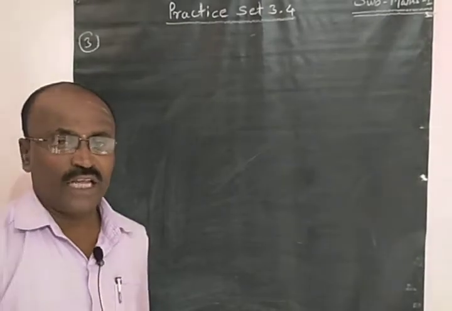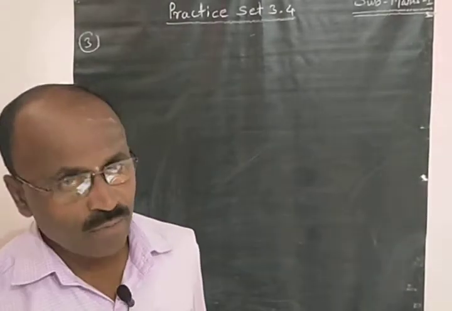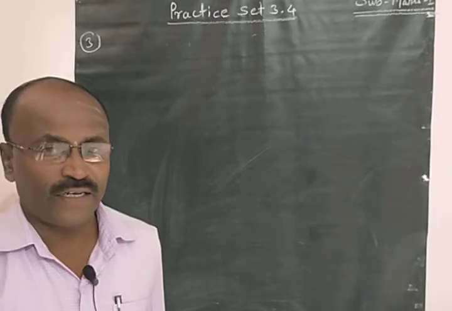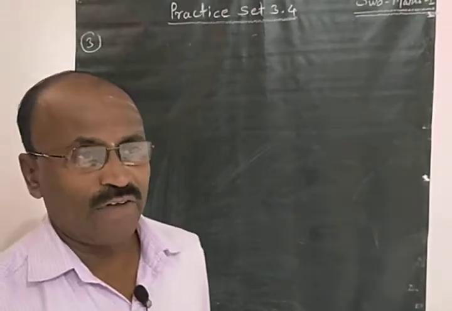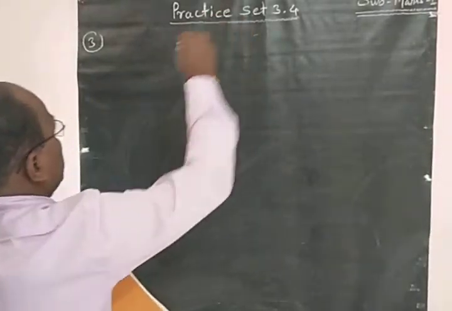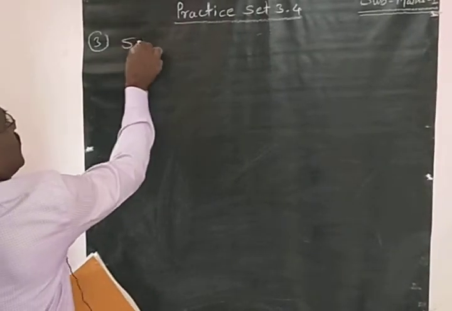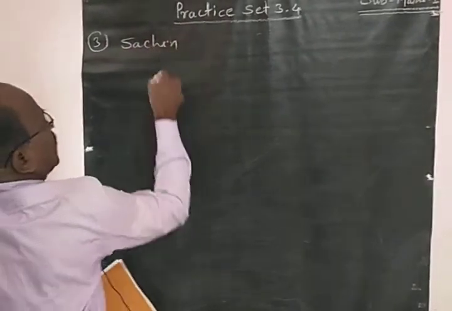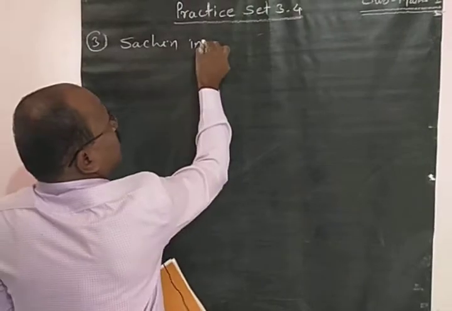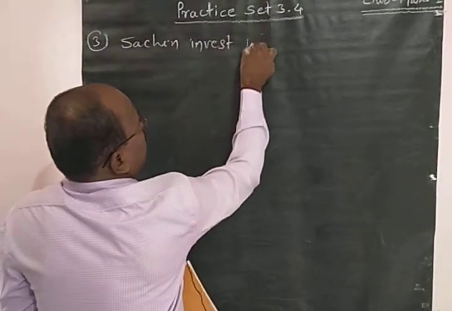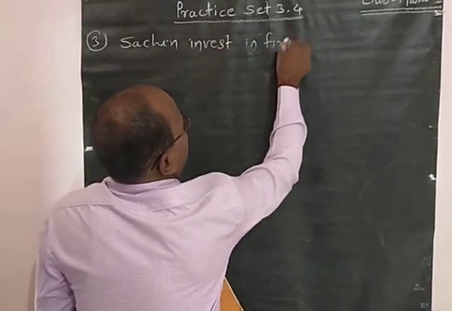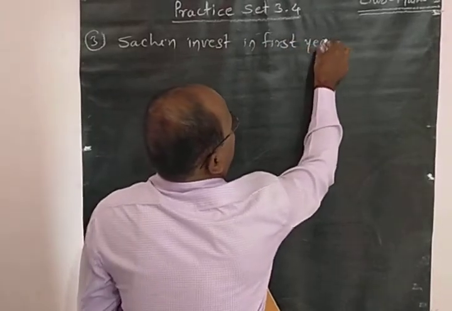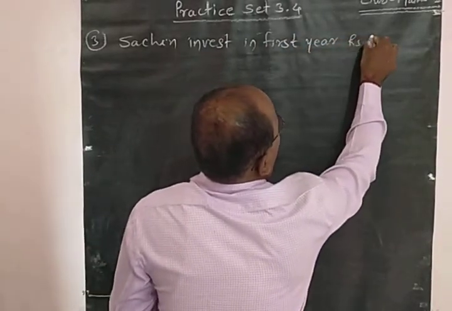Here Sachin invested some amounts in a national savings certificate scheme. He invested in the first year rupees 5,000.